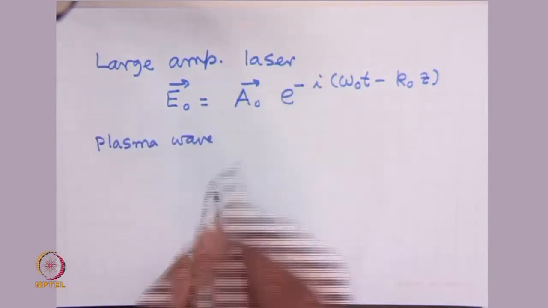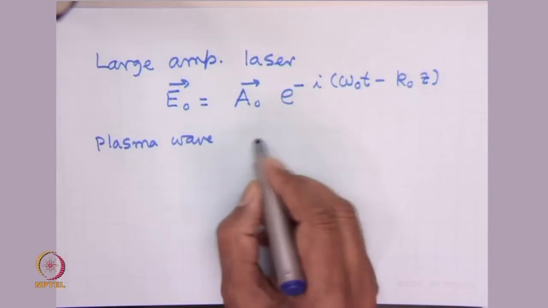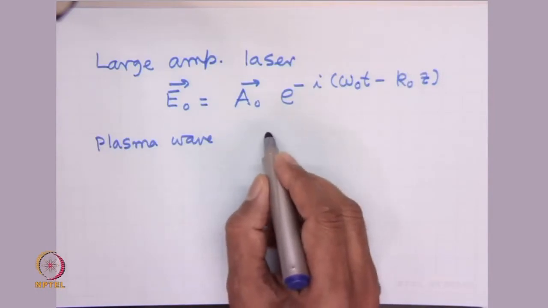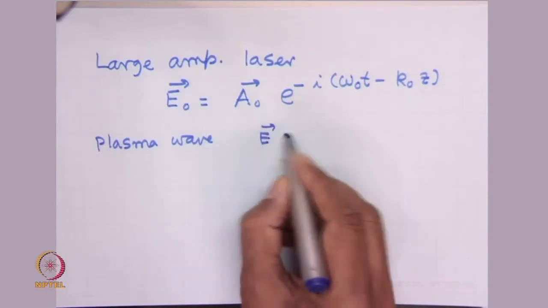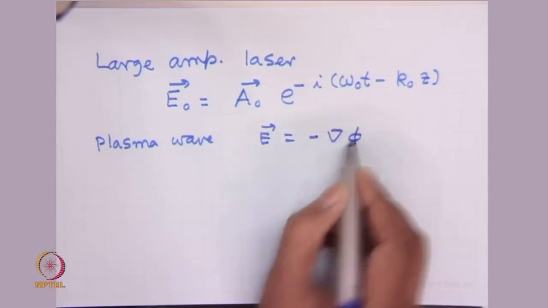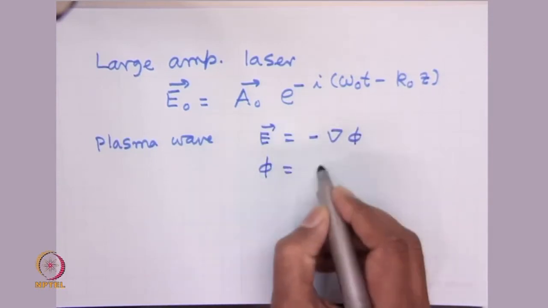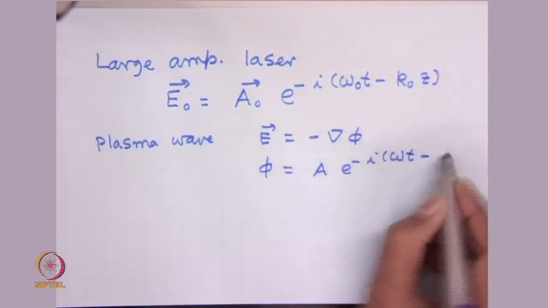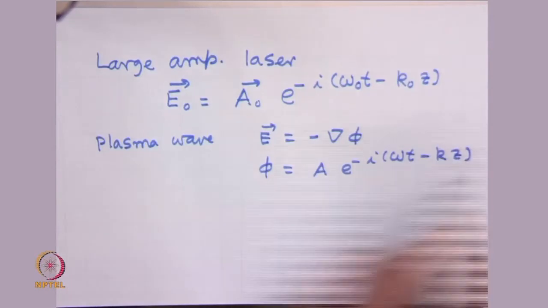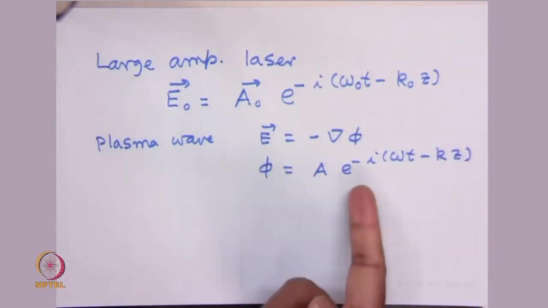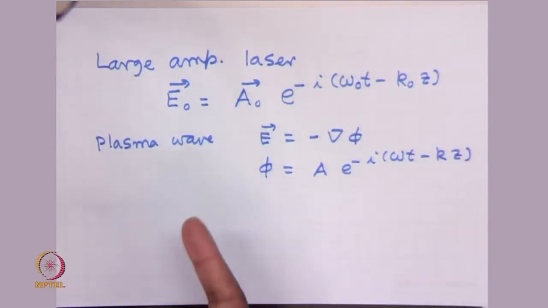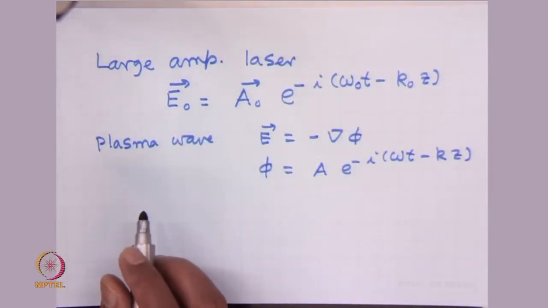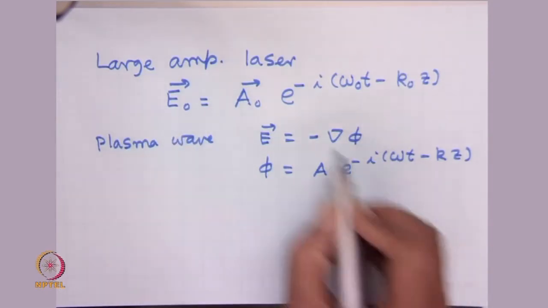Suppose there exists a plasma wave in the system and the electric field of the plasma wave is minus grad phi, and phi I write down as A exponential minus i (omega t minus kz), for instance. Suppose there exists a wave of frequency omega and wave number k in the system and my laser is traveling. What would happen? It is possible that these two can couple.